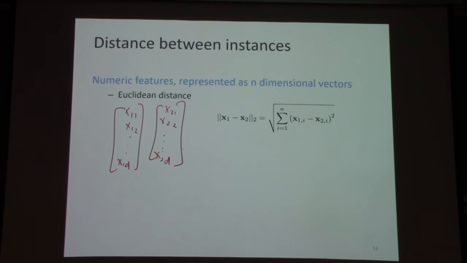The distance is defined as you take the difference, x11 minus x21, squared, and in general you take the squares of all the element-wise differences, add them up, take the square root, and that's the Euclidean distance. You've seen this multiple times, and this must come as no shock to you. Okay? Any questions while I'm erasing?